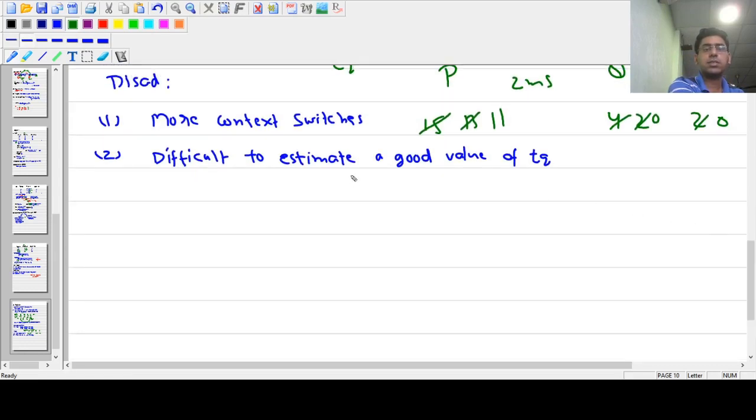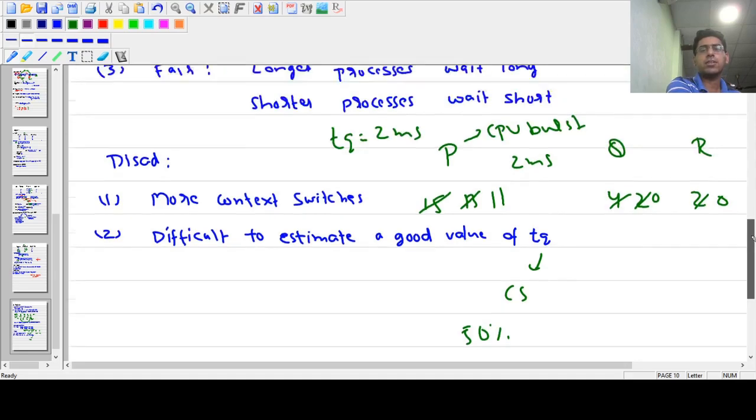Also, there is a difficulty in estimating a good value of TQ. Considering the extreme case, if TQ is equal to the context switch time, then CPU utilization efficiency will reduce to 50%. So these are the disadvantages.